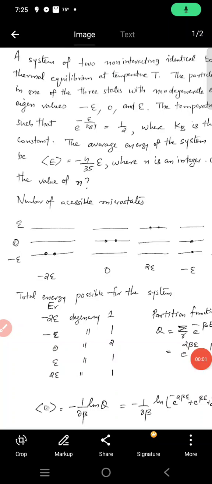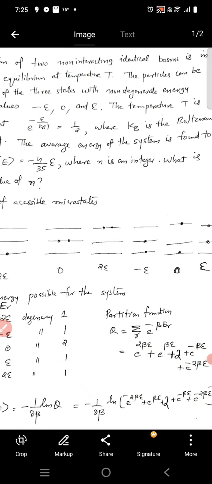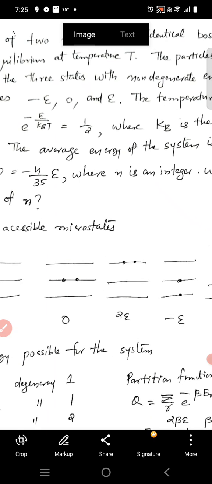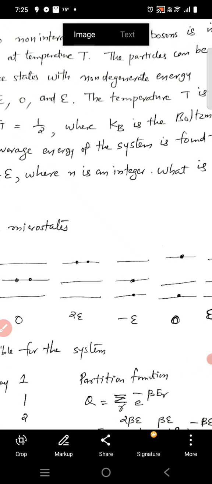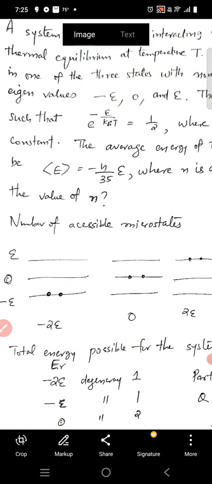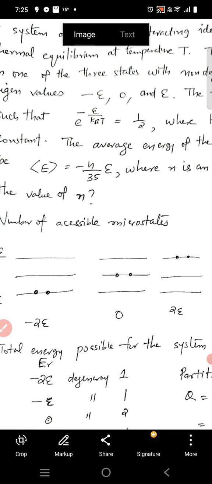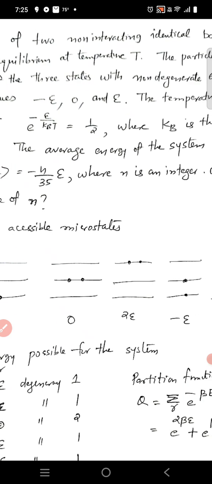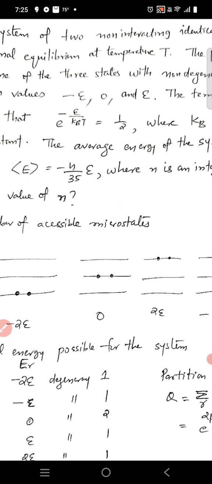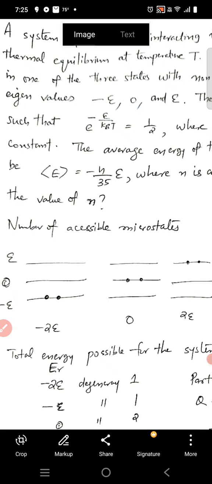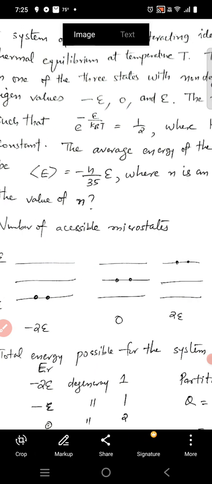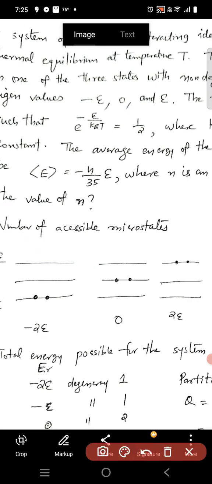A system of two non-interacting identical bosons is in thermal equilibrium at temperature T. The particles can be in one of the three states with the non-degenerate energy eigenvalues minus epsilon, 0, and epsilon.